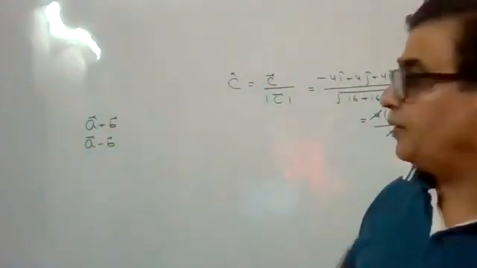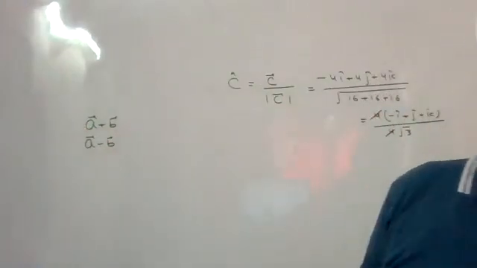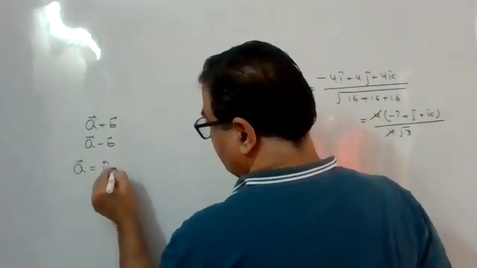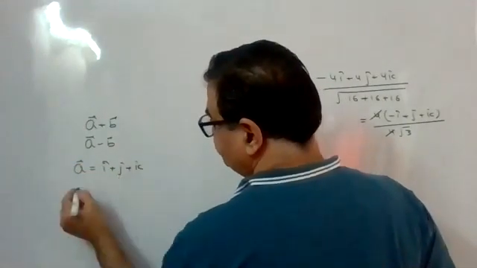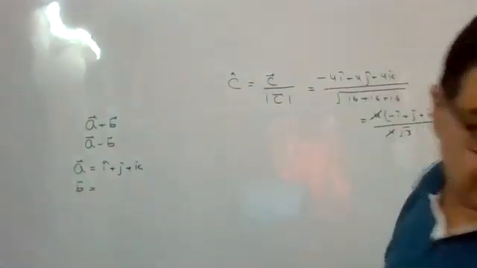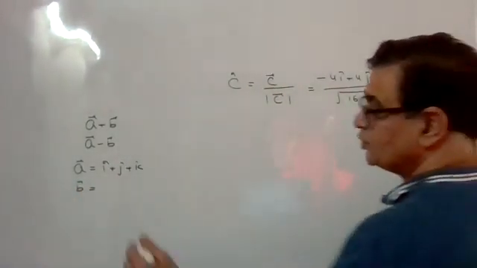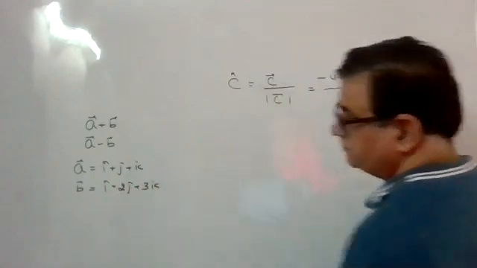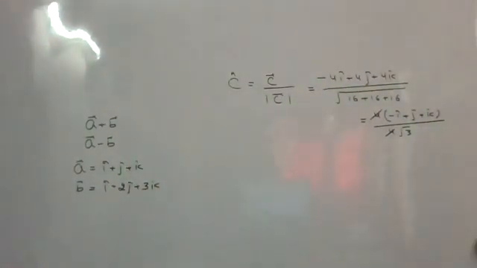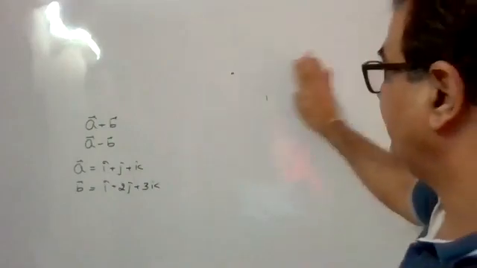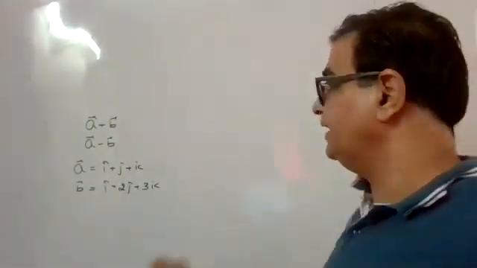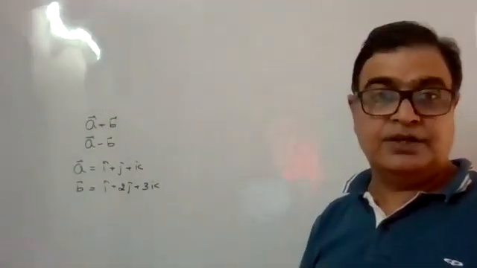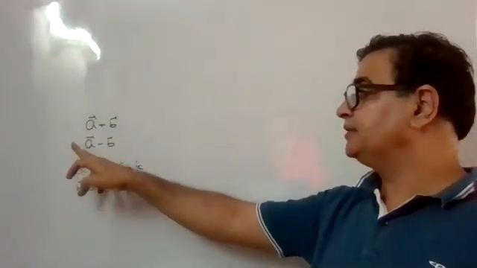I want a vector which is perpendicular to this also and this also, where vector a is i plus j plus k, and vector b is i plus 2j plus 3k. Do it please. Find a unit vector which is perpendicular to a plus b and a minus b.